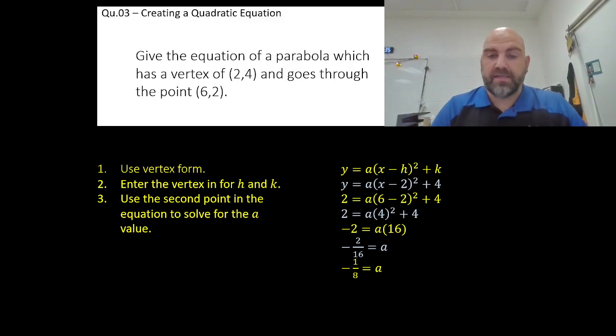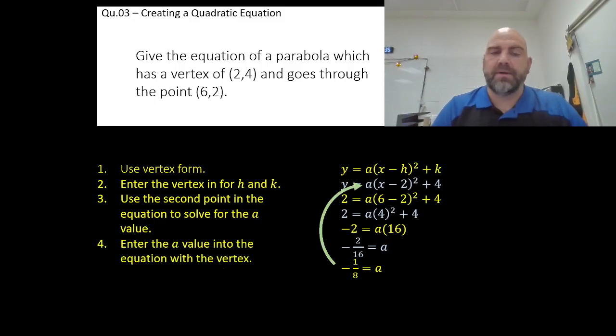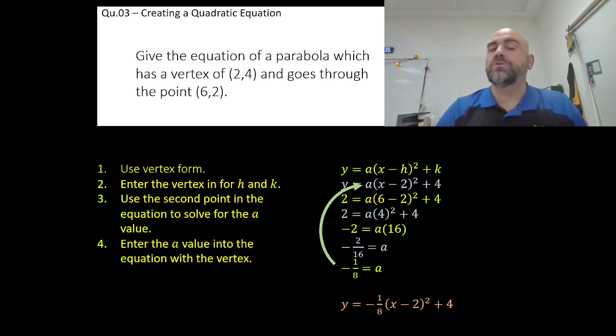So at this point, we take that and plug it back in for a right there. So there we go: y equals negative 1 over 8 times (x minus 2) squared plus 4. This creates the equation of the parabola that goes through (2, 4) as a vertex, and it also goes through the point (6, 2).